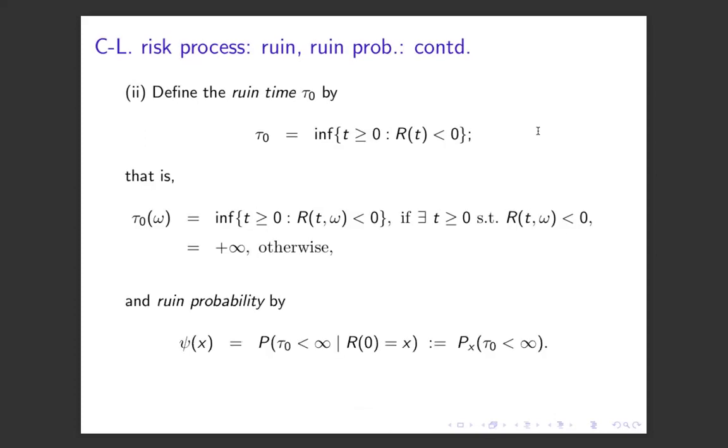Of course, the ruin probability is the probability that tau 0 is strictly less than infinity given R0 equal to x. This is expressed as a function of the initial capital. If the initial capital is x, the probability of ruin is the probability that tau 0 is less than infinity, which we also denoted by P sub x, tau 0 less than infinity.